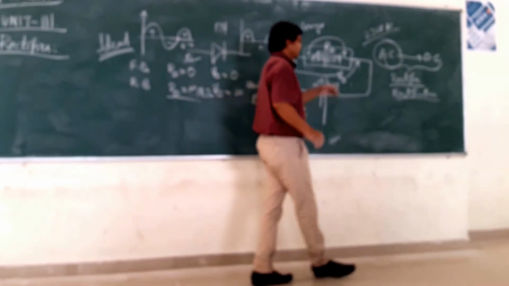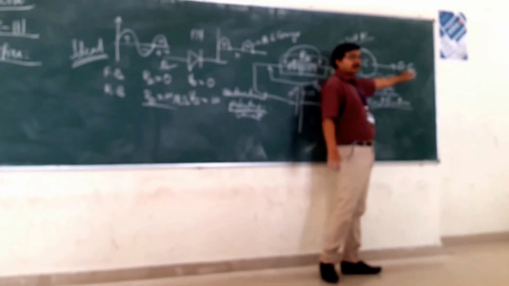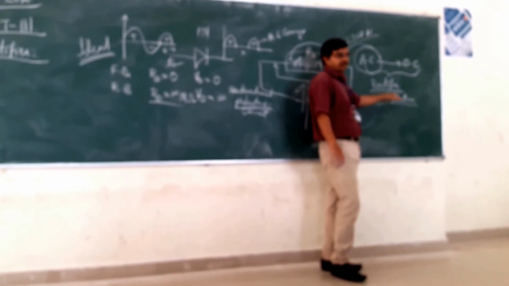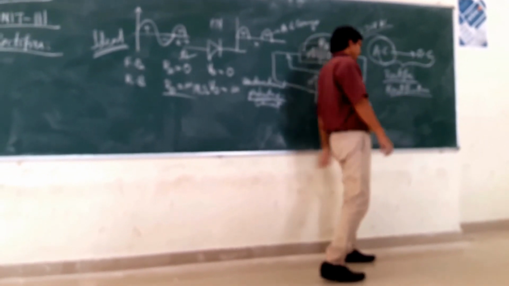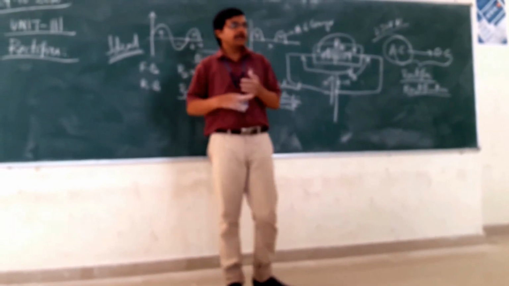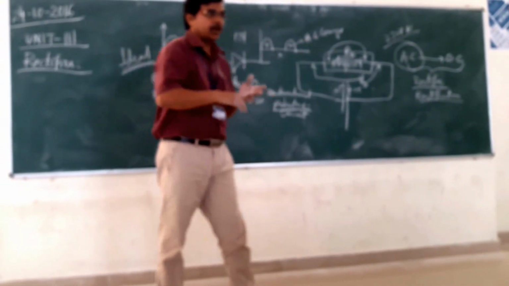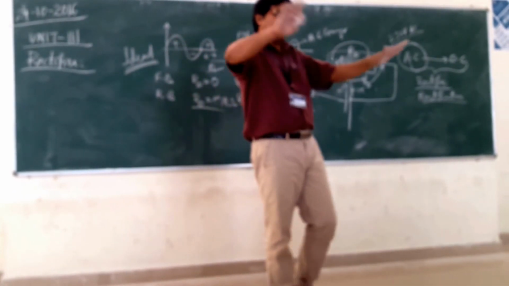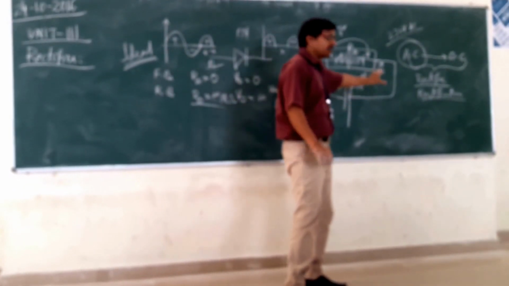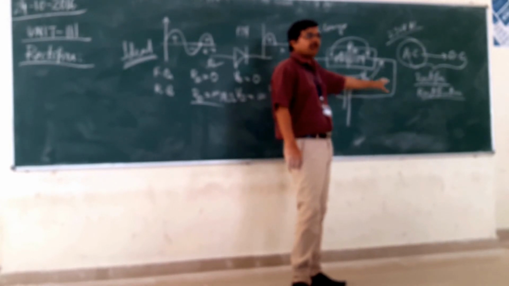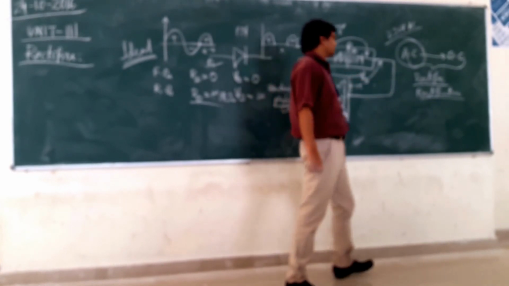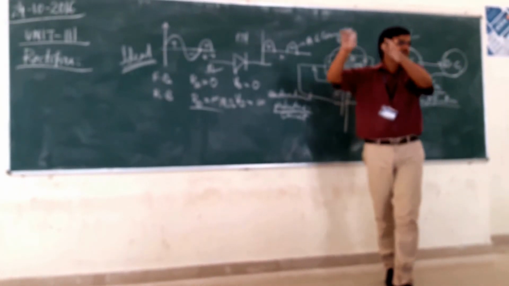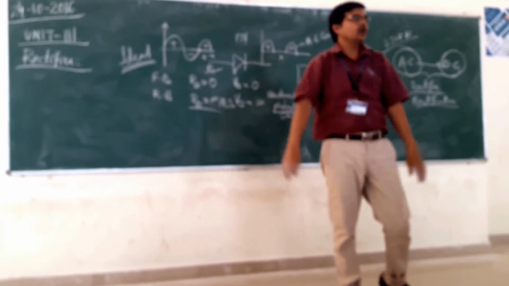So as electronic equipment works only on DC, there is a need for a rectifier. Whether it is your television, computer, laptop, or electronic toys, everywhere you need a rectifier. Otherwise, you should give the input from DC only.